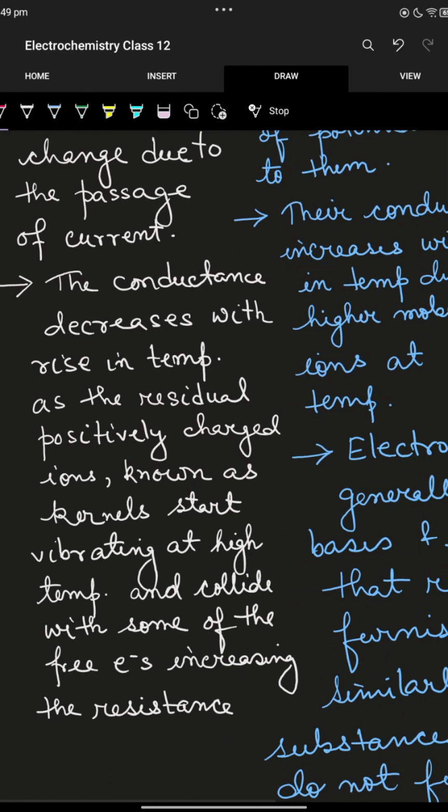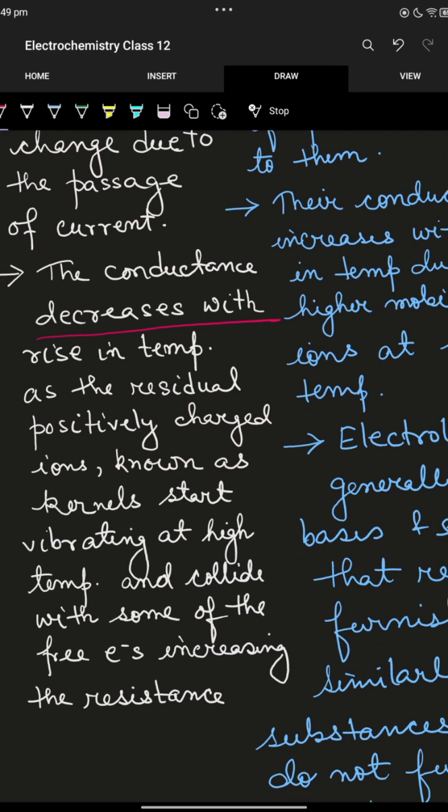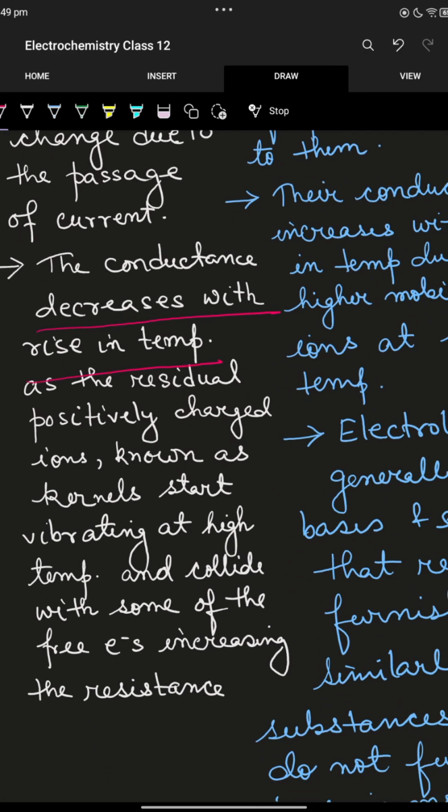The conductance decreases with rise in temperature. Metallic conductor is causing conduction due to the mobility of the free electron. Now, what happens when the temperature rises? The resistance to the flow of electricity increases, and thus the conductance decreases.